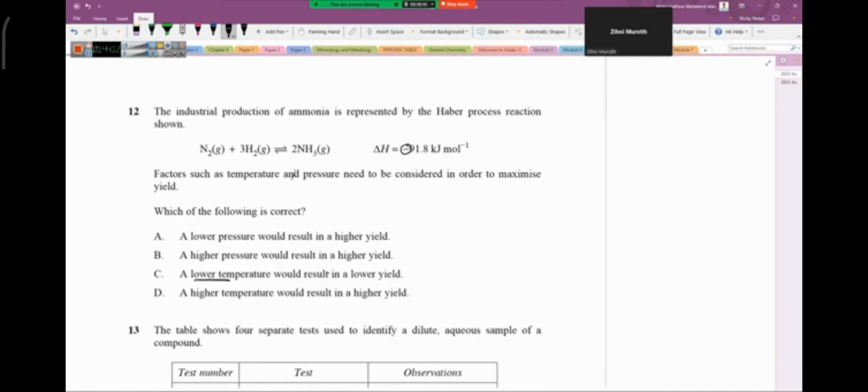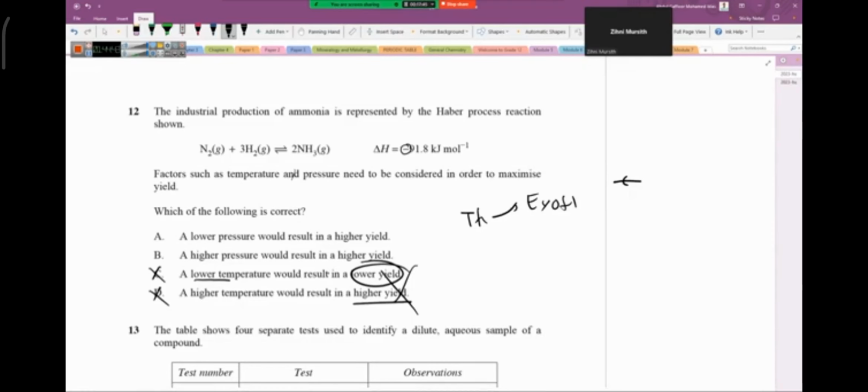If you increase the temperature for an exothermic reaction, it will shift backwards. So C is not correct, and D is also not correct. Why? Because if you increase the temperature, the yield is lower. If you reduce the temperature, the yield is higher, right? Can you understand that? You should know this, right?